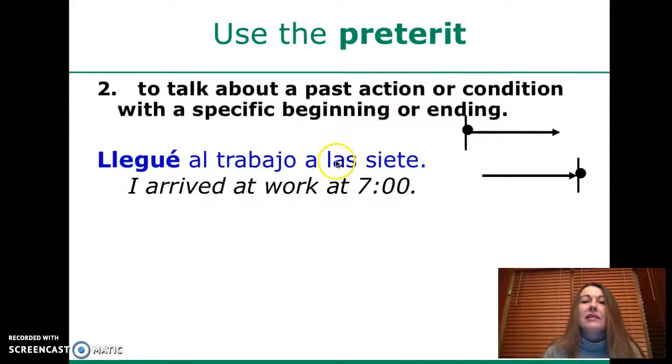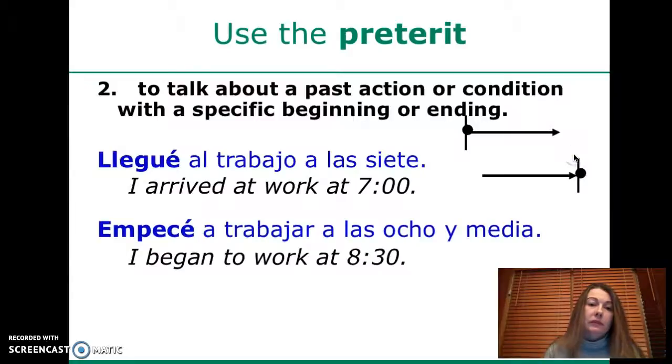Okay, they've actually given you a time. So this is a very specific time, but I could also say something that was not as specific, like en la mañana, or I could do a day of the week, something like that. I arrived at work on Friday, right?